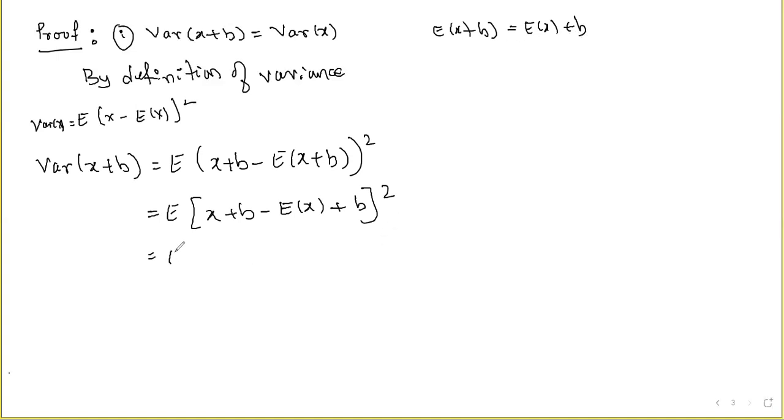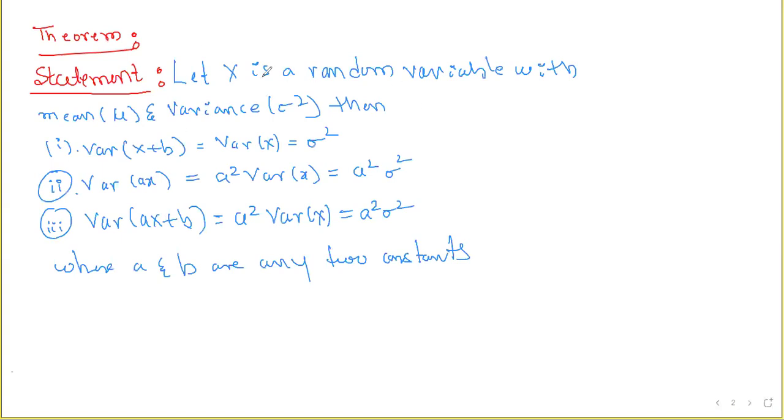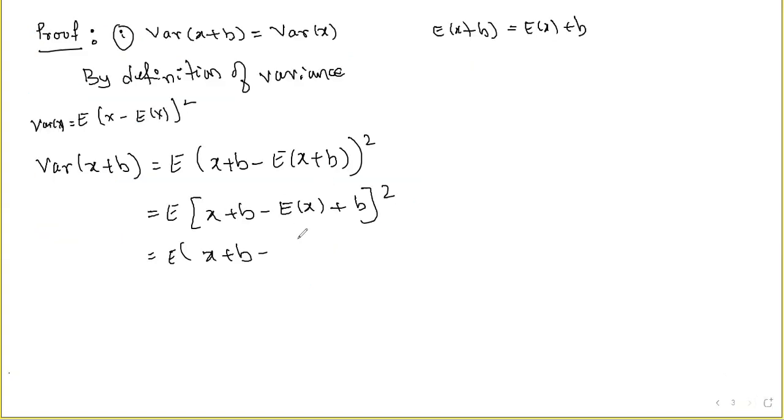So now expected value of x plus b minus mu. Why is it mu? Expected value of x equals mu, as given. What is given in the question? X is a random variable with mean mu. So expected value of x is mu. Here it is minus, since the minus outside multiplies inside: minus expected value of x minus b, so minus b, whole square.